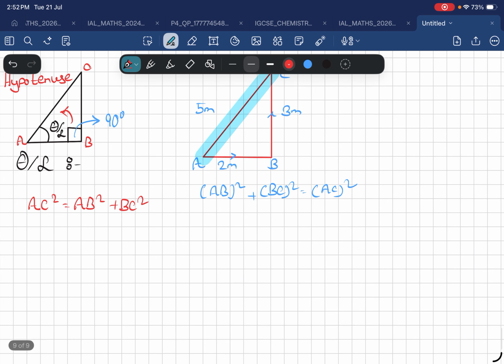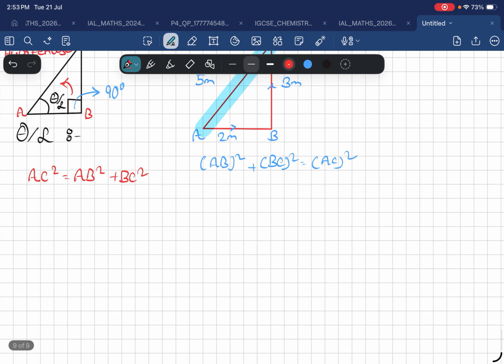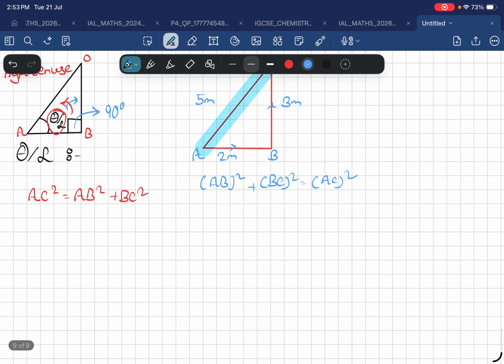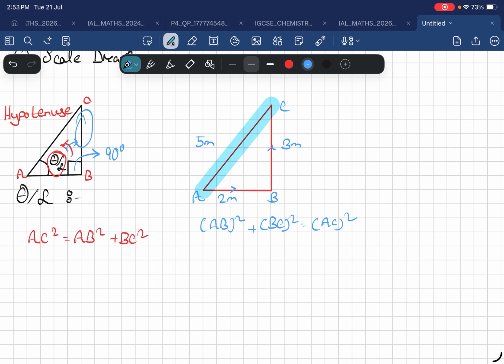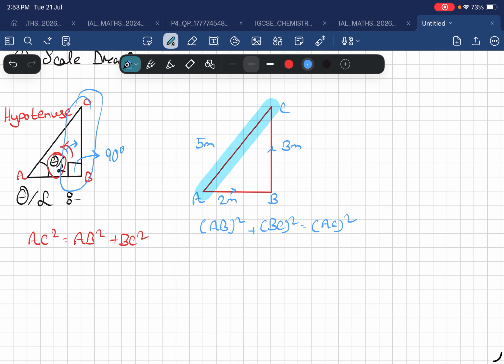The opposite side of the angle theta, I'm talking about this whole side, is called the opposite.